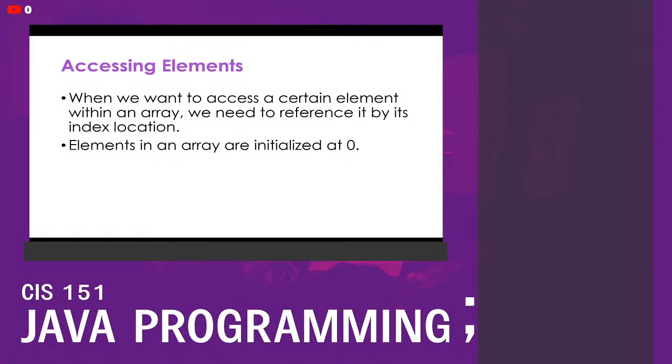Now, when we want to access a specific element within an array, what we need to do is reference it by its array location, which is the reason why our for each loop there isn't quite working. We're not accessing it by its location, we're just doing something for each of the data values that are already in the array. So what it's essentially doing is saying, well, it's counting that array and giving you one thing for each of those array elements.